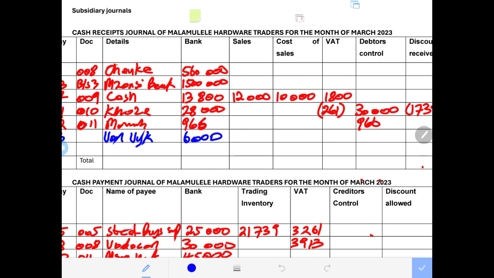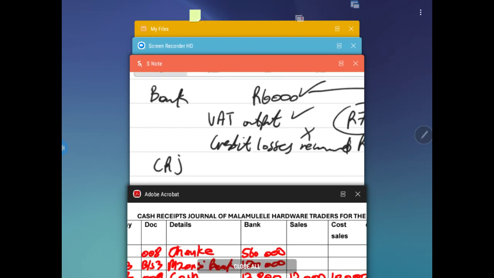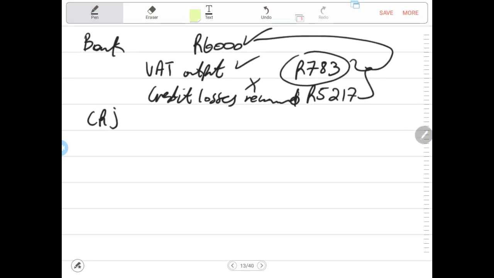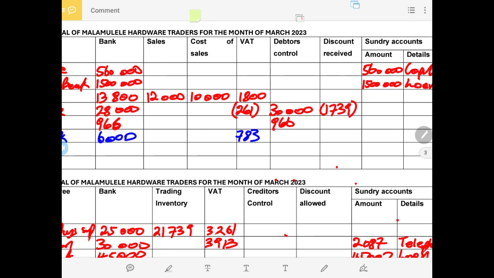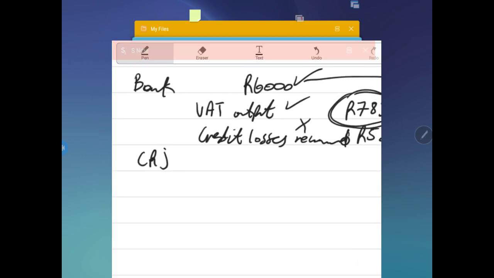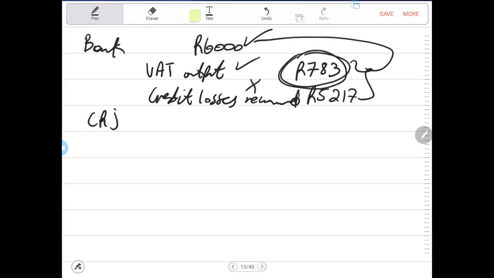That amount, I calculated that to be 783. Yes, 783 is the amount of output VAT. Then after, we have under sundries the amount of 5,217.